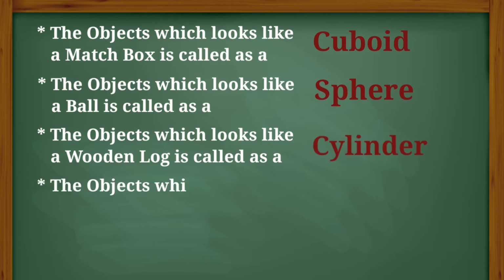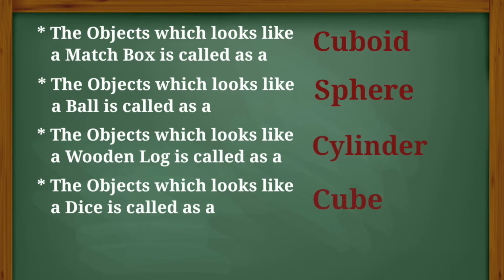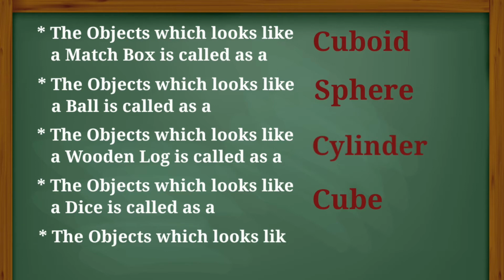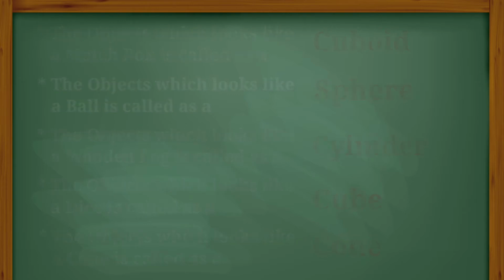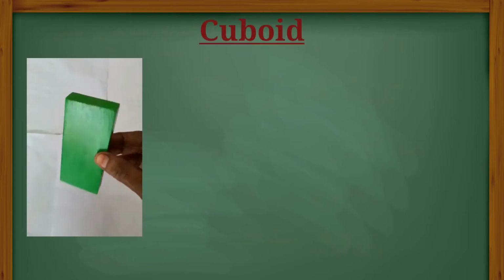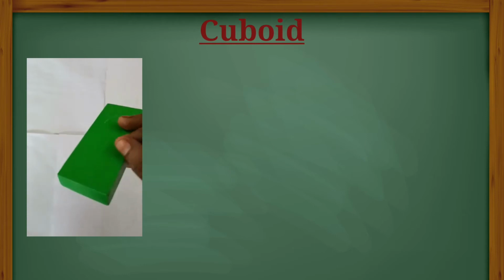The objects like a dice are called a cube. And the objects which look like a cone are called a cone. Understood students?